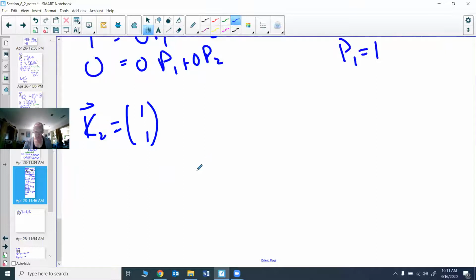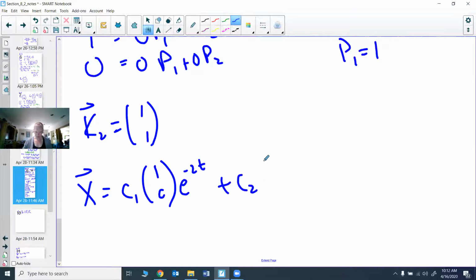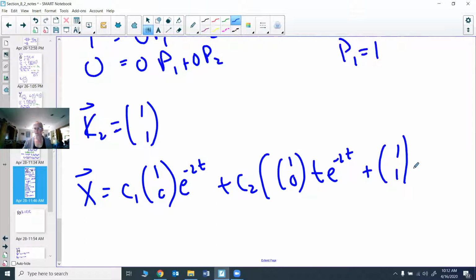So now that we have that, we can say that X is equal to C1 times my first X1, which was the eigenvector 1, 0, e to the negative 2t, plus C2 times K3, which was the 1, 0 again, t e to the negative 2t, plus this K2 that we just came up with, 1, 1, e to the negative 2t.